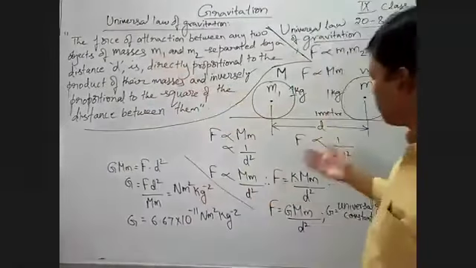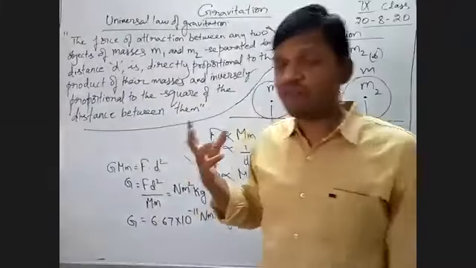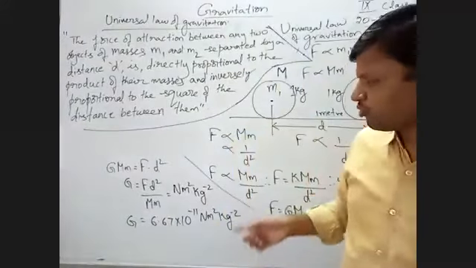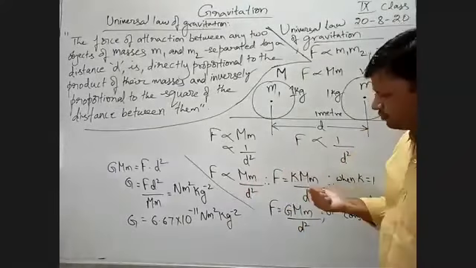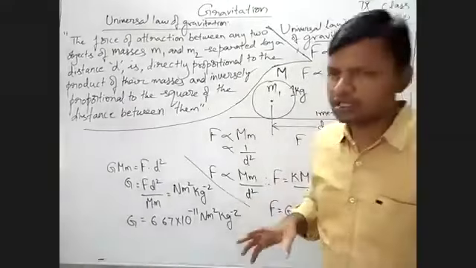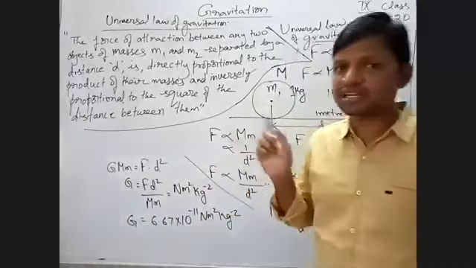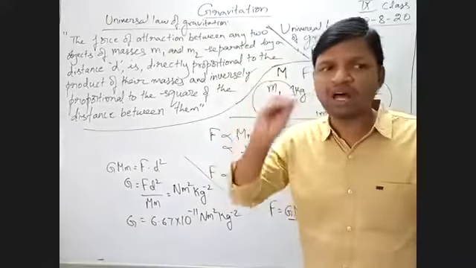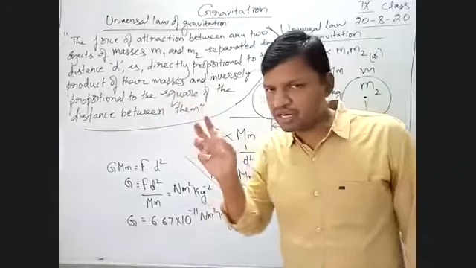So that means here what can you understand? If the distance is increasing, then the force of attraction will be decreasing. So the force of attraction will decrease as the distance increases. So that is understood. So here any two objects of particular masses are separated by a distance d, then what does the universal law of gravitation say? It gives us the magnitude of the force between any two objects that are separated by a particular distance.